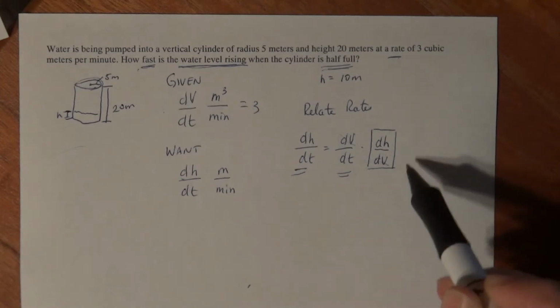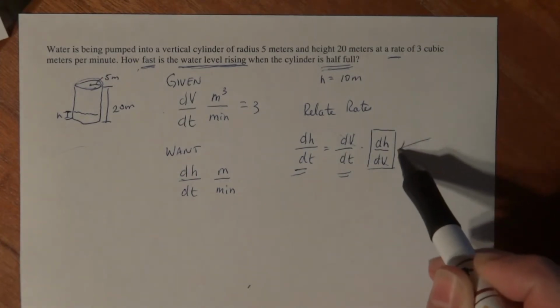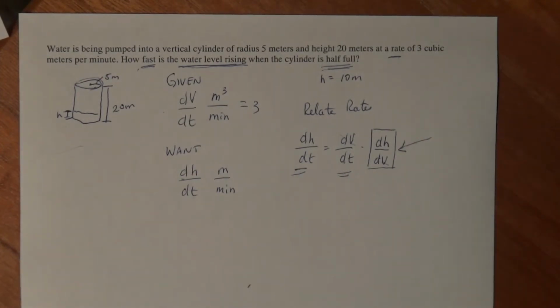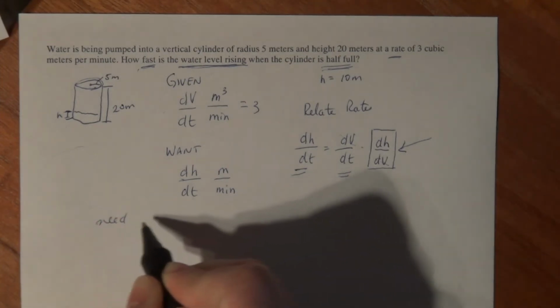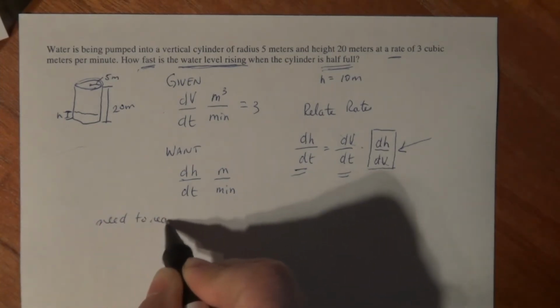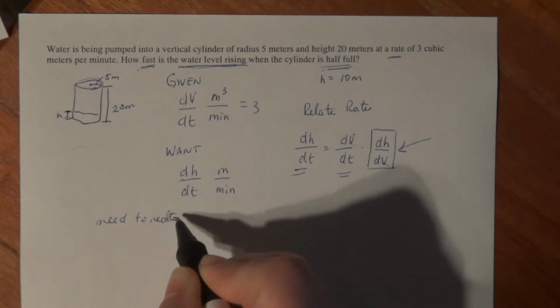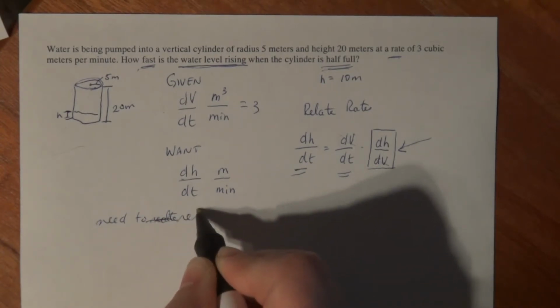Notice that's what we're given, and then we also have to relate h and V somehow. The thing in the box is what we need to relate separately. Boy, if I could spell relate, that'd help.